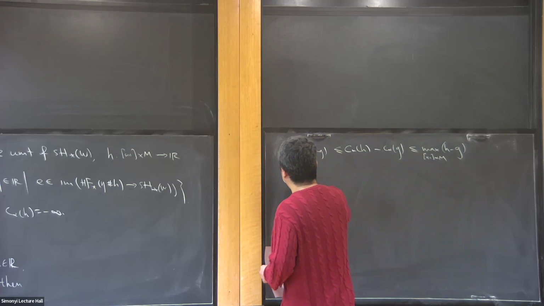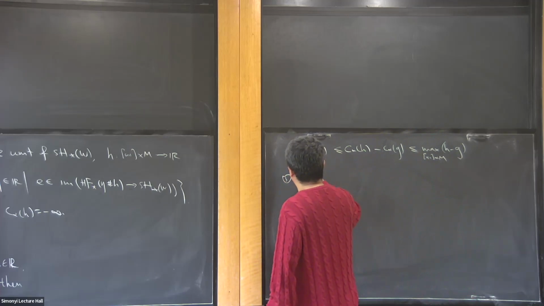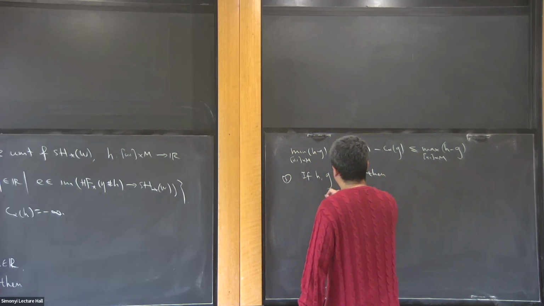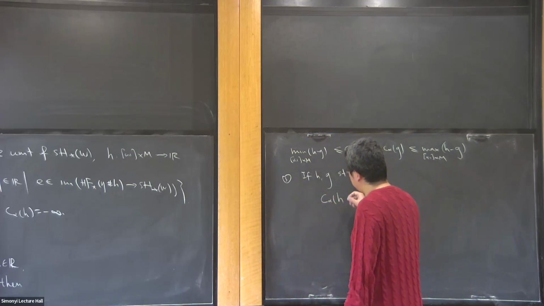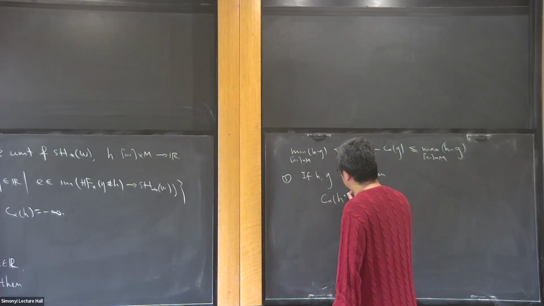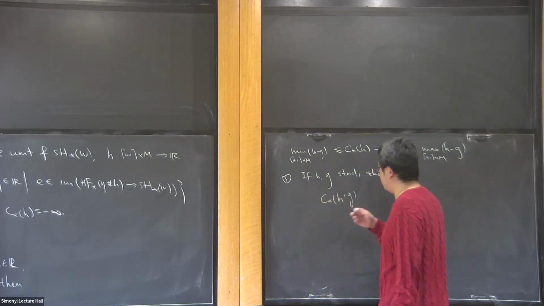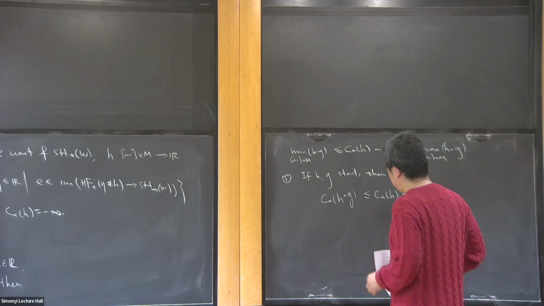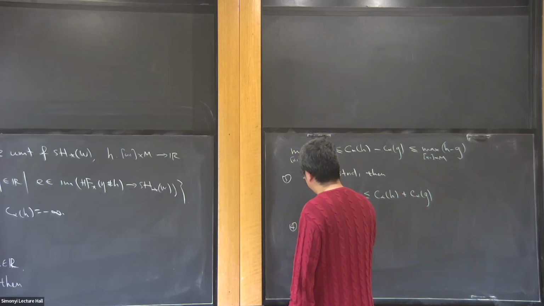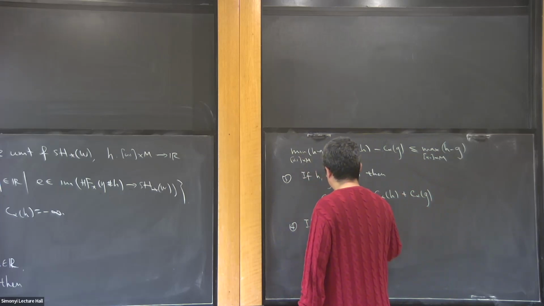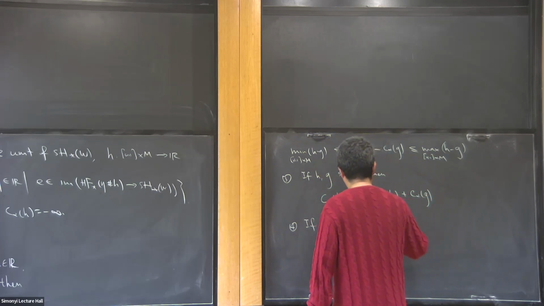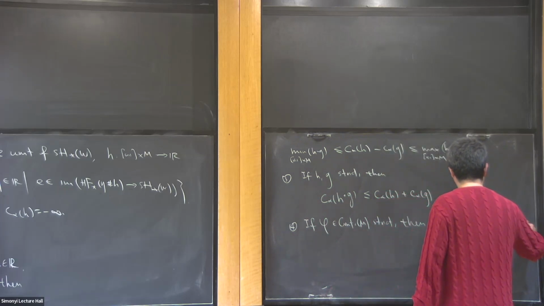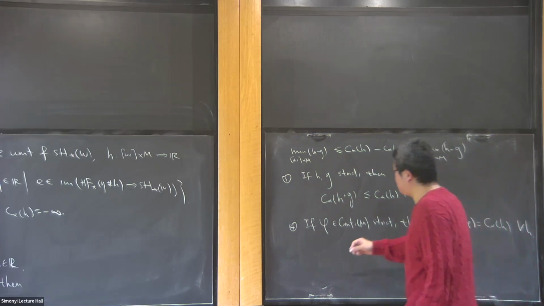And the next one is the triangle inequality. Okay, so if H and G are strict, then c_alpha of H bullet G, which this time is really the new operation mentioned at the beginning of the talk that gives you the concatenation of the flow, is smaller than c_alpha(H) plus c_alpha(G). And we also have another property: for phi strict, non-zero, you have an invariance property, c_alpha(H composed with phi) is the same as c_alpha(H) for any H. And many others.